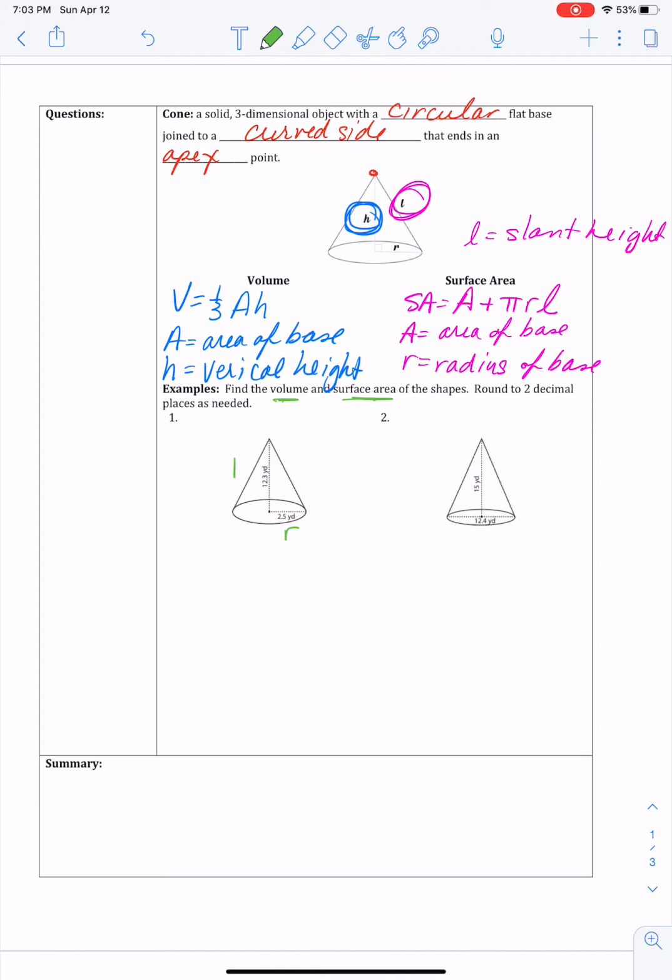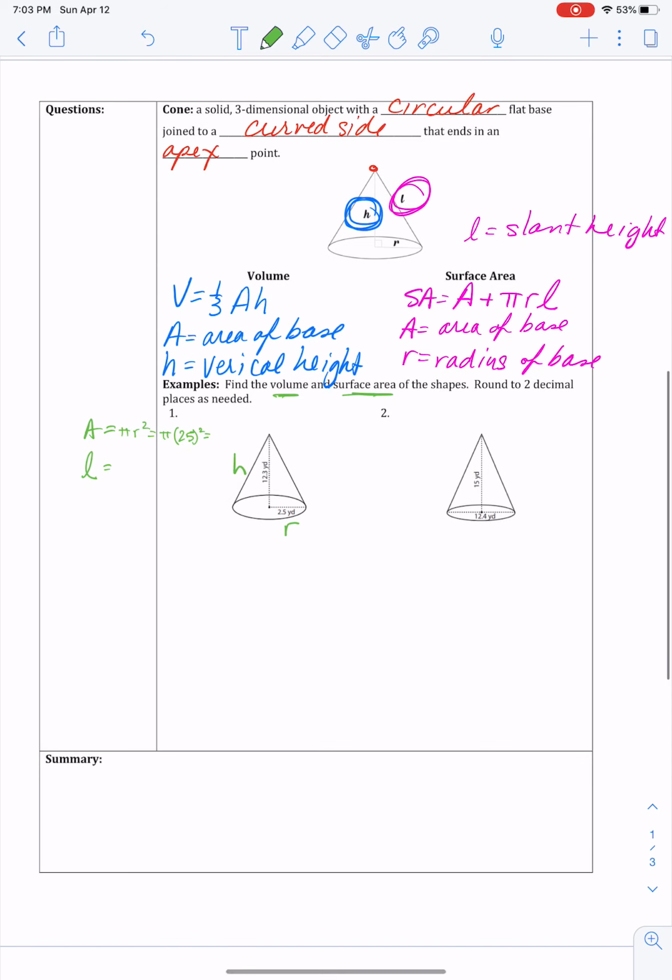This is R and this is H. I need A and I need L. So A is pi r squared. That's pi times 2.5 yards squared, which is 19.63.